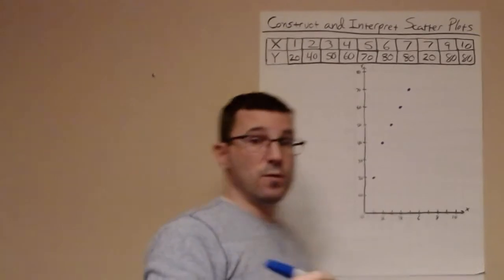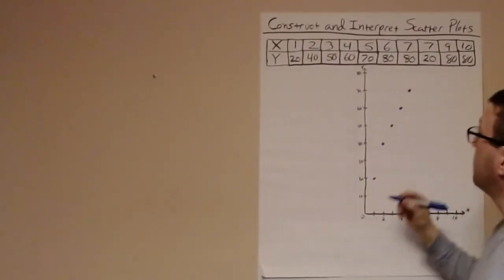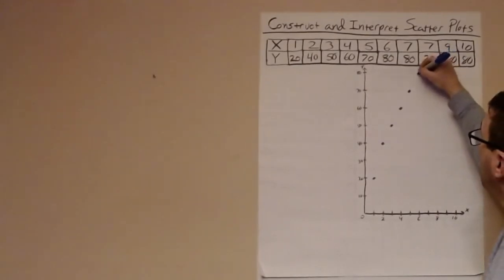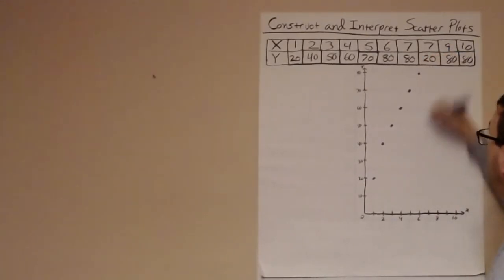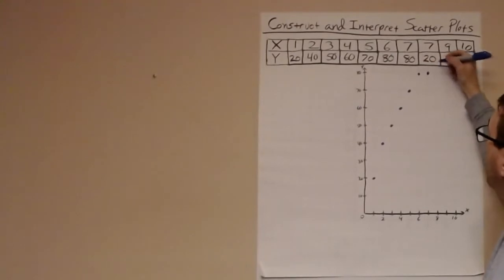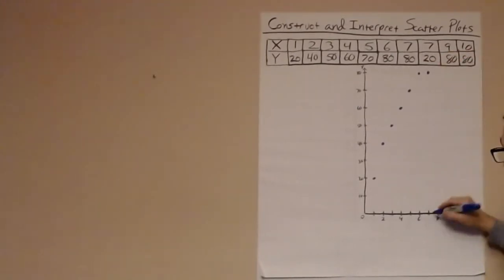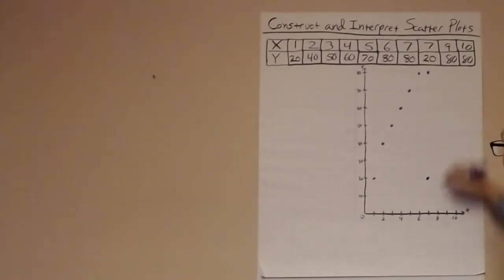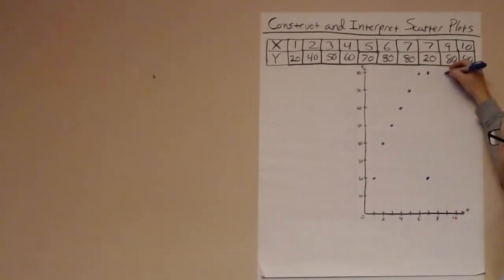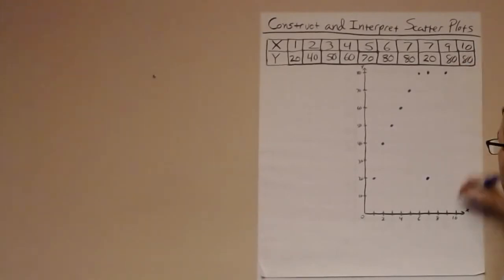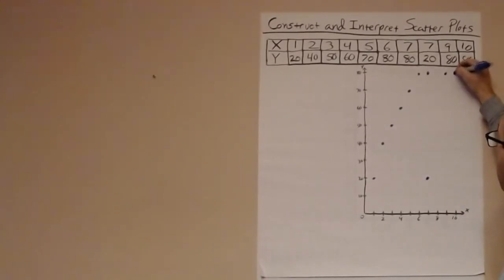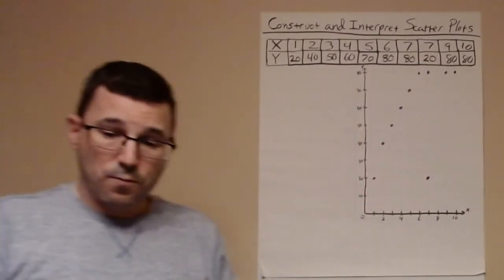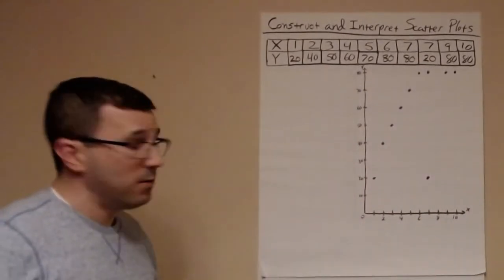I'm actually going to move to the side so I might disappear for a second. Then we got 6, 80, we have 7, 80, then we have 7, 20, 9, 80, and 10, 80. So there we go. We've graphed our points.